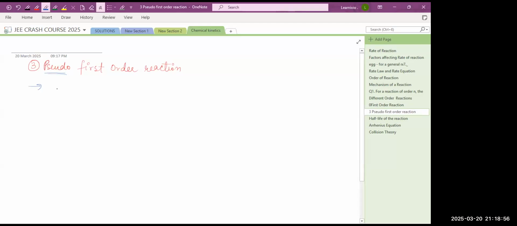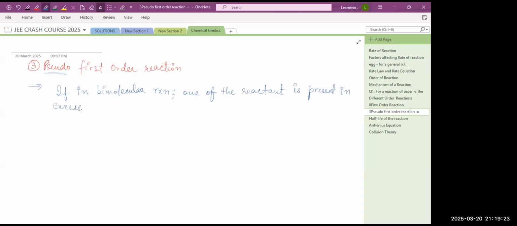For example, in a bimolecular reaction, if one of the reactants is present in excess amount, the reaction becomes first order.